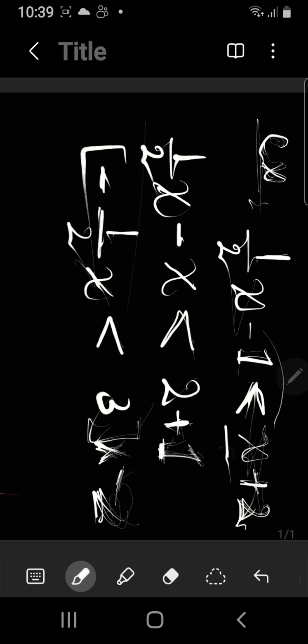Multiply by negative 2 for each side of the inequality.